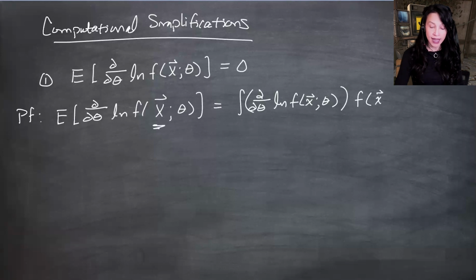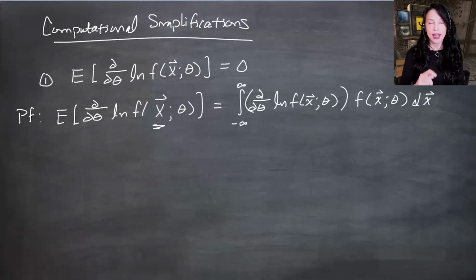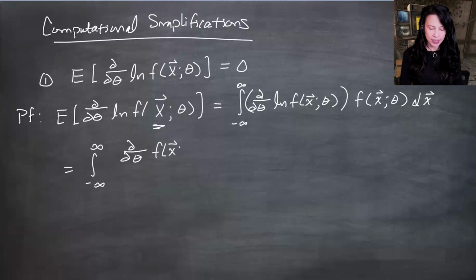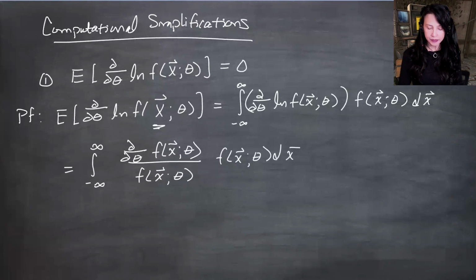We integrate over the whole space, which is really n integrals, all from minus infinity to infinity. And what is the derivative of the log of something? It is the derivative of the thing over the thing itself. So we get the derivative with respect to theta of f of x and theta over f of x and theta, times f of x and theta dx.